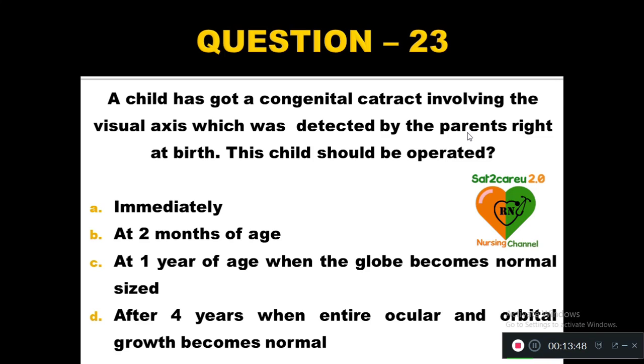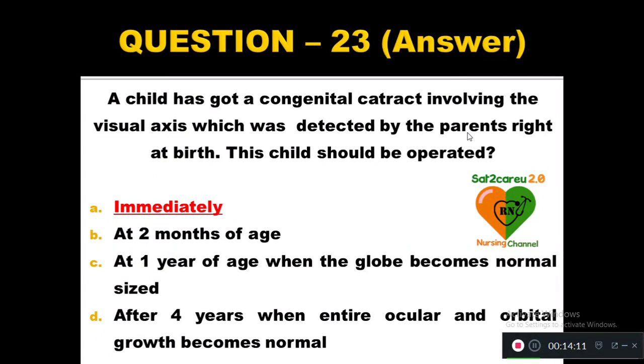Option A, immediately, B, at 2 months of age, C, at 1 year of age when the globe becomes normal size, option D, after 4 years when entire ocular and orbital growth becomes normal. The correct answer is the child should be operated immediately in case of congenital cataract.